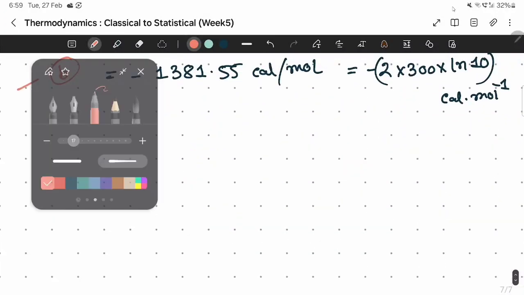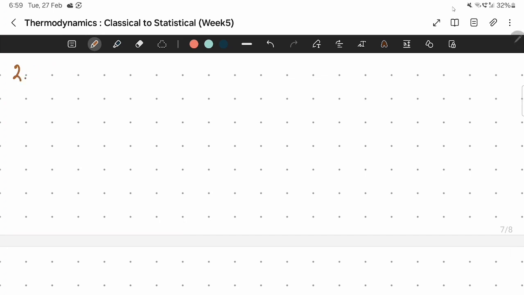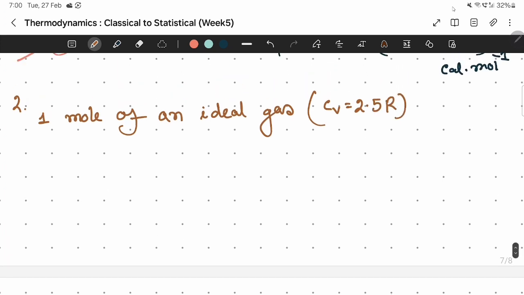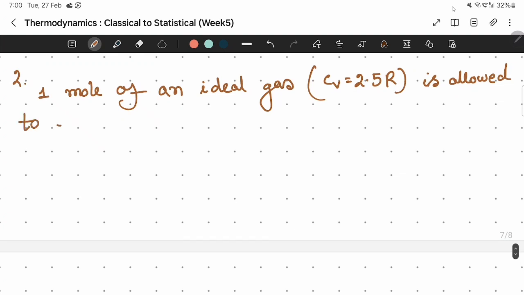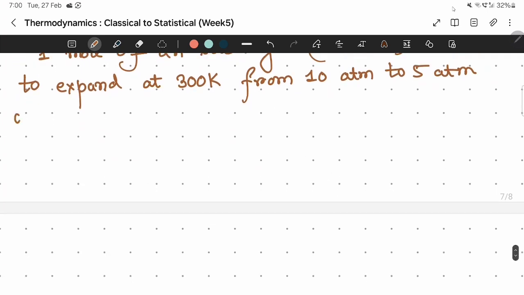Now the second question: 1 mole of an ideal gas, of which CV is 2.5 R, is allowed to expand at 300 Kelvin from 10 atm to 5 atm against an opposing pressure of 1 atm.